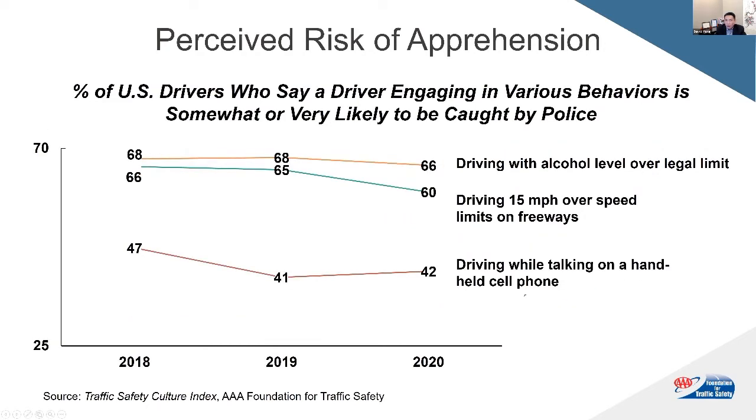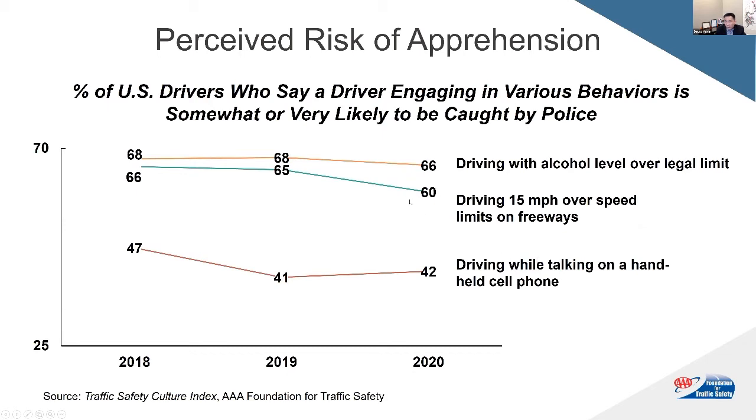Then we asked people about their perceived risk of being caught by the police for certain behaviors. It is interesting that for drinking and driving over the legal limit, and driving while talking on the cell phone, people thought the risk was a little less compared to the prior year.